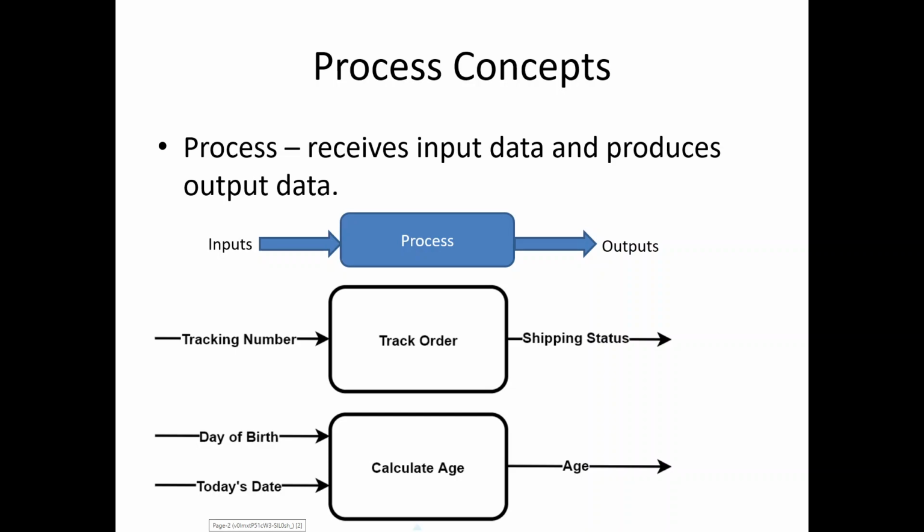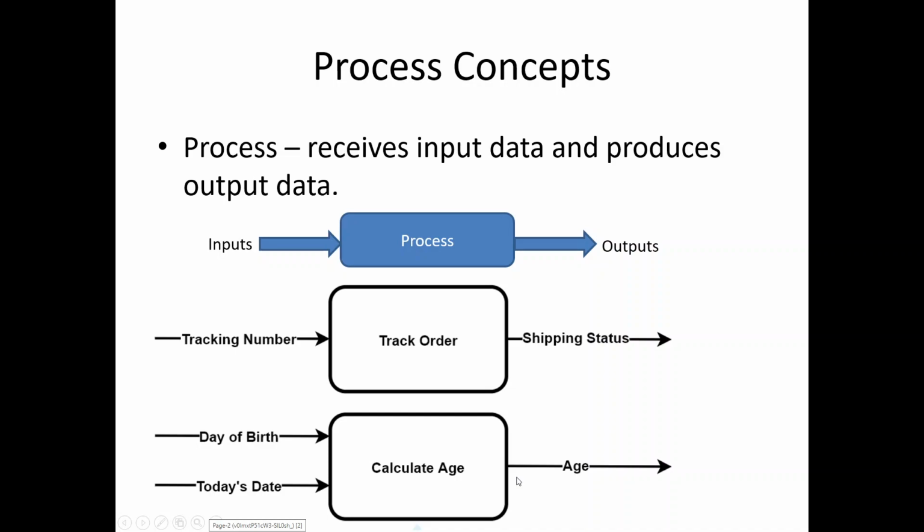A process receives input data, and then based on certain calculations, it generates output data. For example, suppose you want to track your package at ups.com. You provide your tracking number, and based on the tracking number, this process would check the database and output the corresponding shipping status.